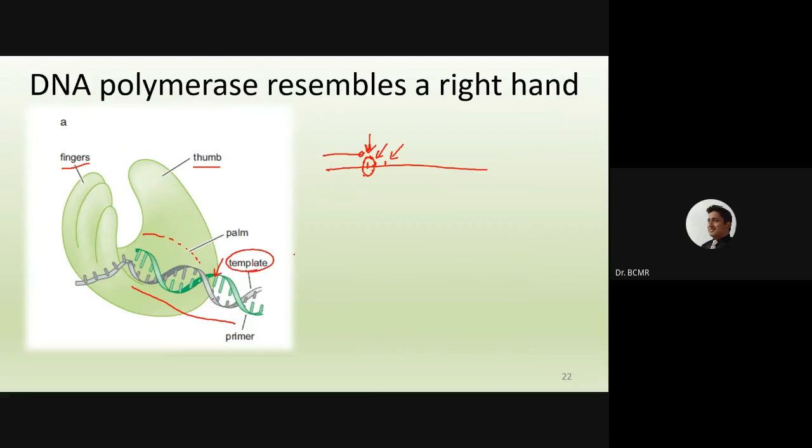If you follow the gray template, only one base is exposed here. The rest of the template is outside the active site of DNA polymerase, in the palm region. That is how the polymerase figures out that a dNTP would be taken here and added to that particular base, and not to any other base in the template region.